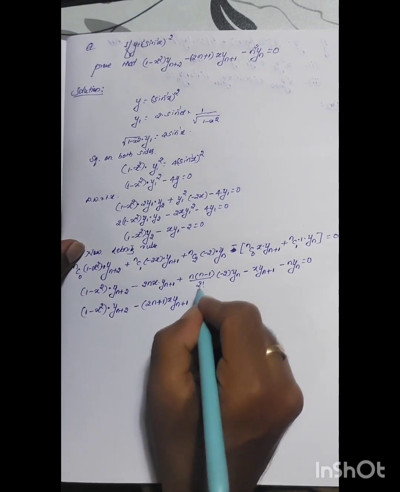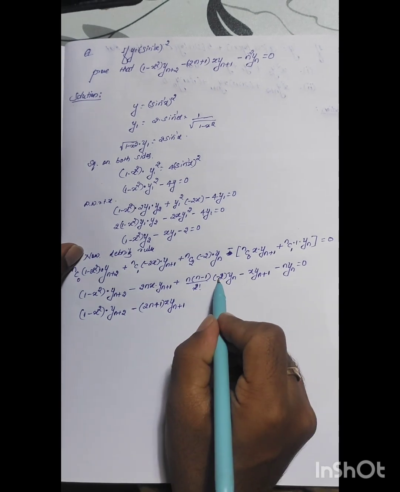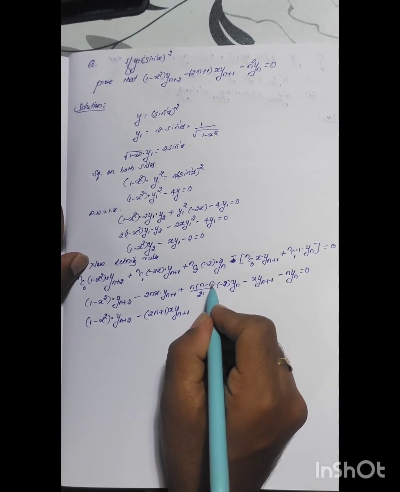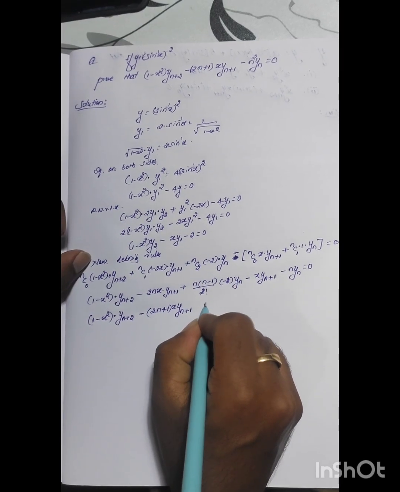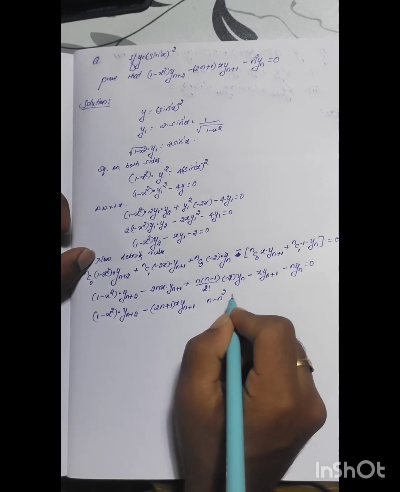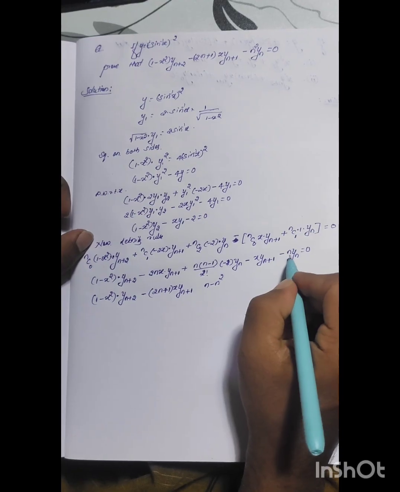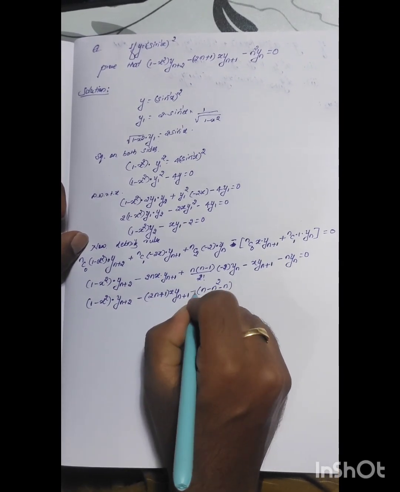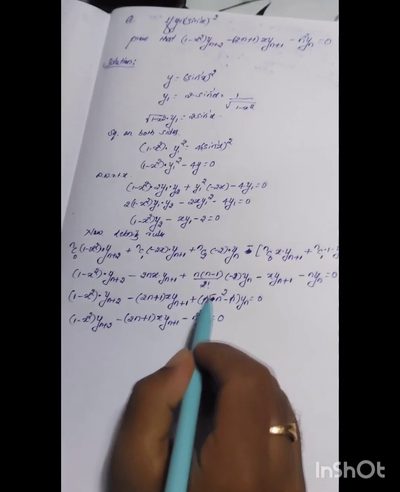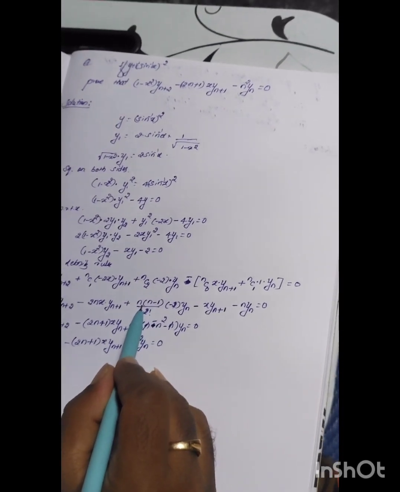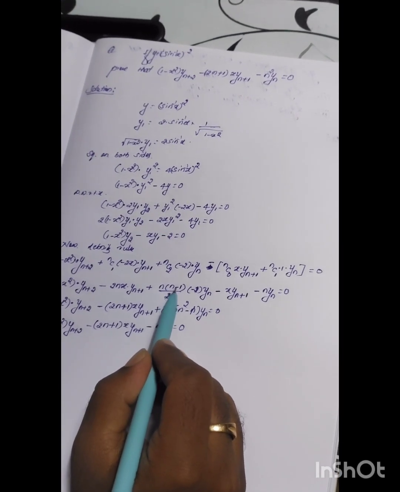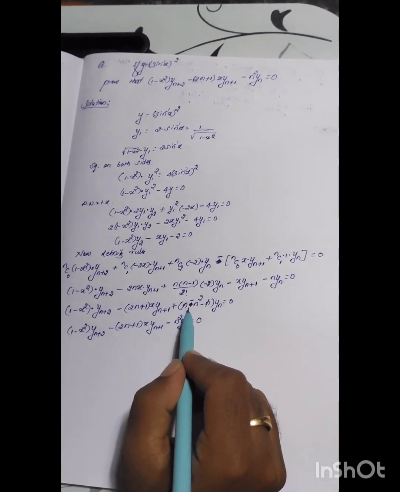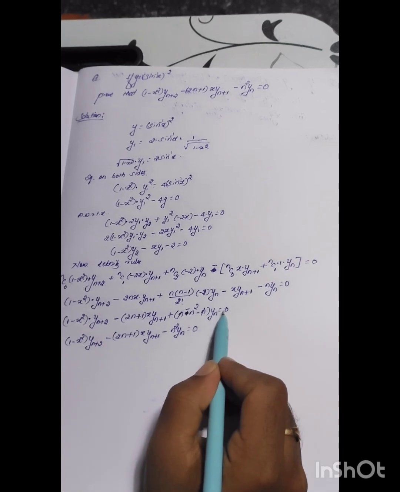Okay, so this 2 and this 2 can be cancelled, but minus sign is already there, so this will become n square minus n into minus 1, so that will become n minus n square. Okay, and one more minus n is there here, so minus n. So this n is from this term, which is minus n square minus n, and minus n is from this term. So this positive n and negative n can be cancelled, into yn equal to 0.